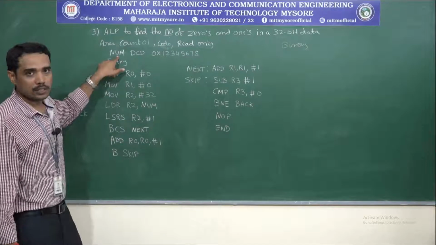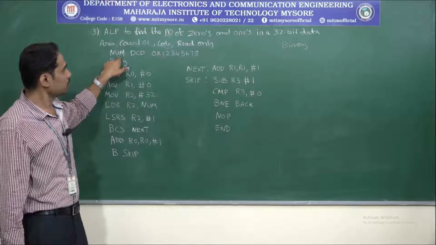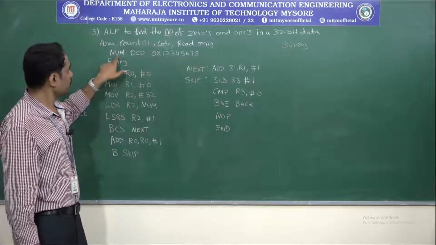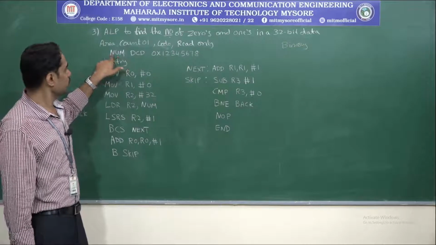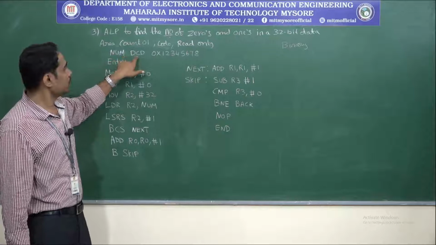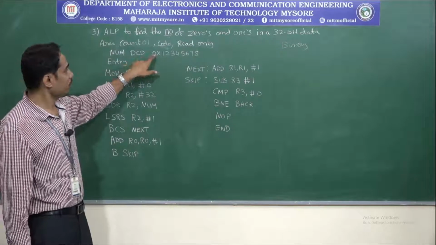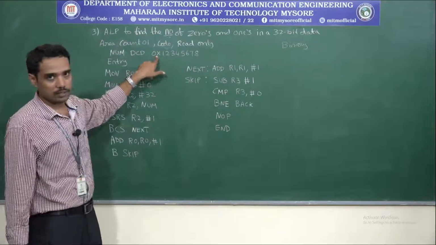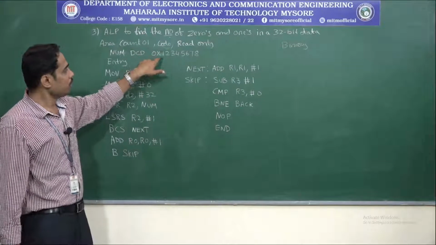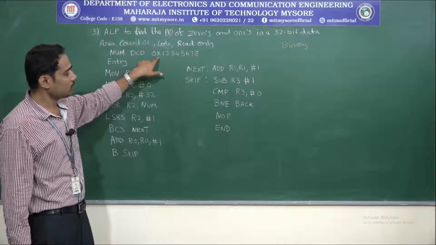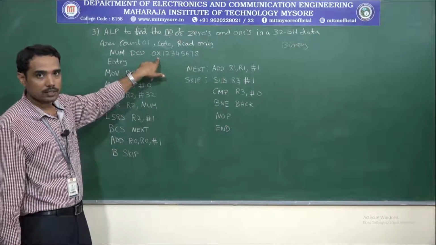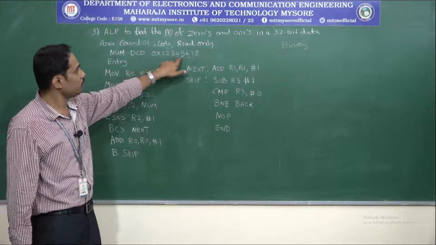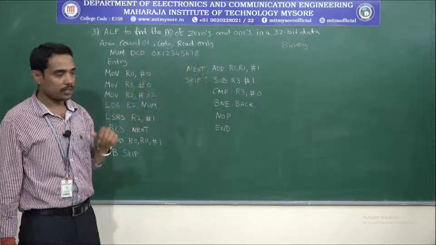Here first let us consider a 32-bit data by using the assembler directive, variable NUM DCD, define constant data, followed by 0x. Here the term 0x denotes hexadecimal. If you write any data with respect to 0x, then it is considered as hexadecimal data. 1, 2, 3, 4, 5, 6, 7, 8. I have taken the 32-bit data.